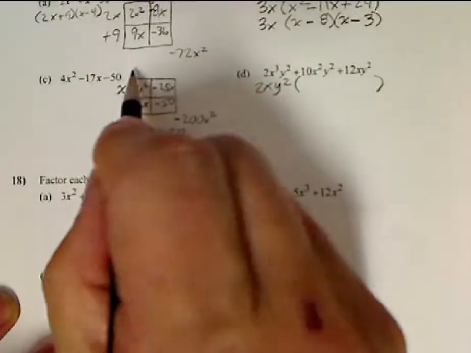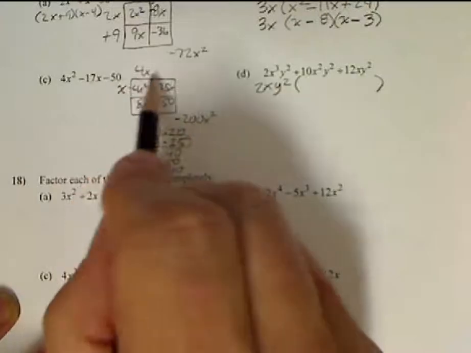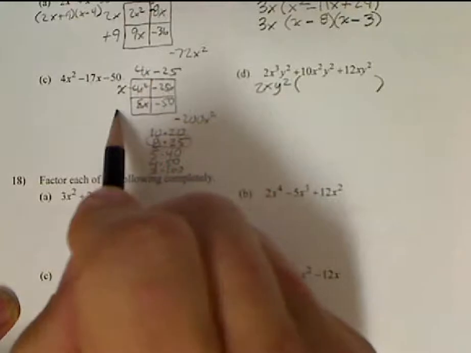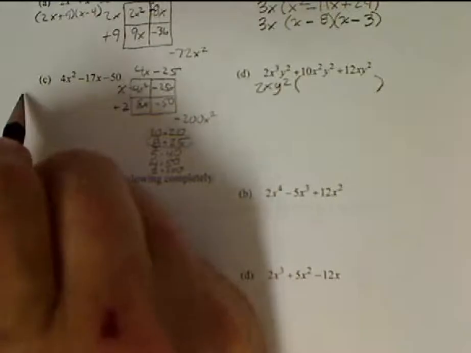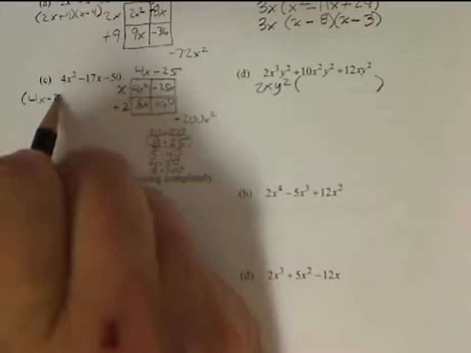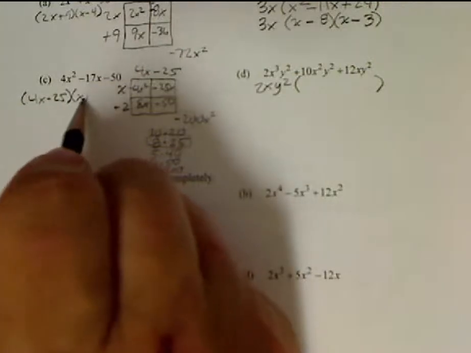Then I've got x times 4x. Then x times negative 25. 4x times 2. Negative 25 times 2 is negative 50. So that means this one factors to 4x minus 25 times x plus 2.